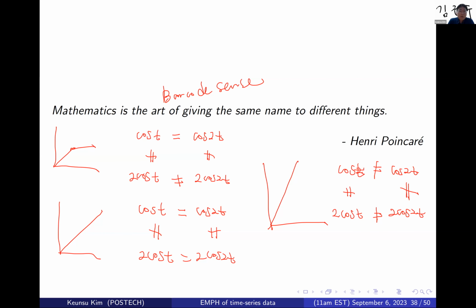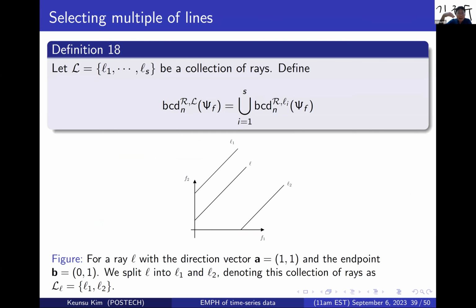And we also proposed a collection of rays. There is no reason we consider only one ray. We can also consider a collection of rays. We define the barcode on multiple rays like this.